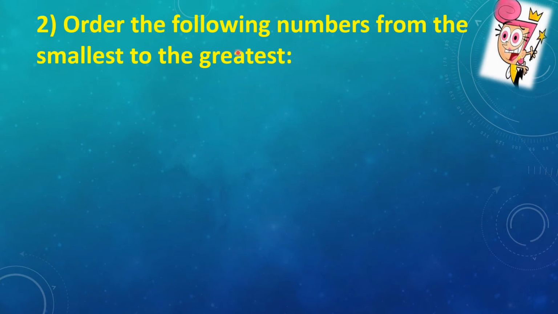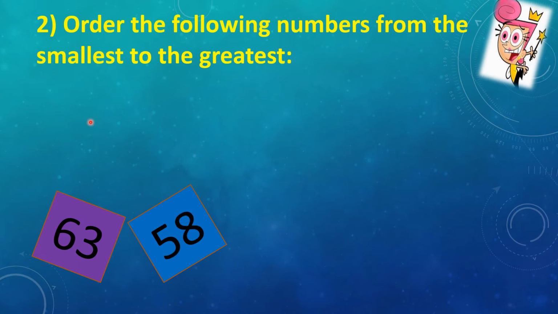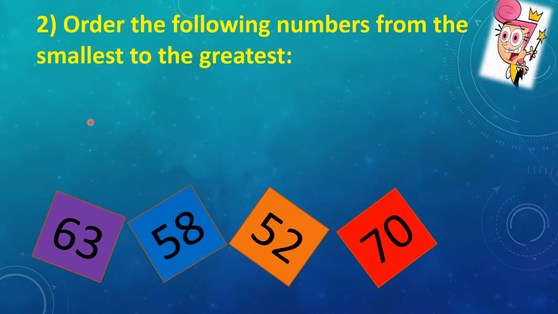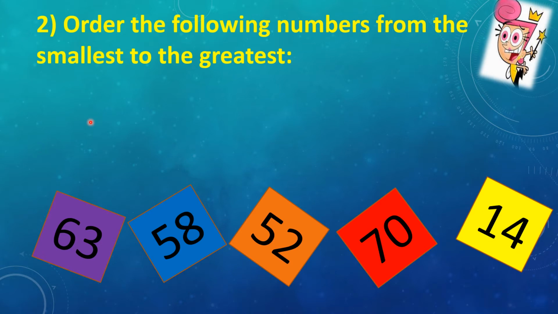Order the following numbers from the smallest to the greatest. Here we have 63, 58, 52, 70, and 14. We will start by comparing the tens first or the ones first. As we said, we start by comparing the tens digit.